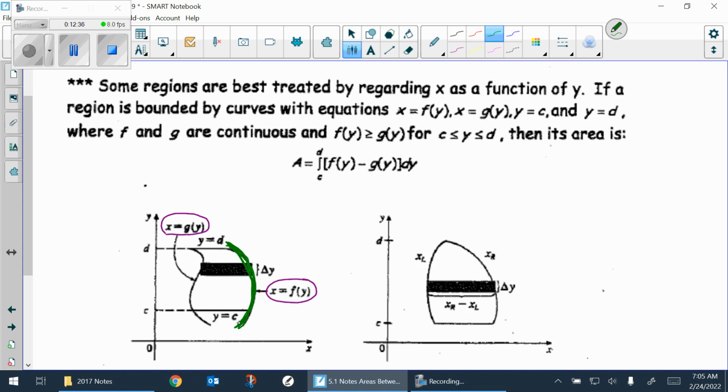And then we've got this red relationship here. This is not one function above the other one. This is a relation to the right of another relation.